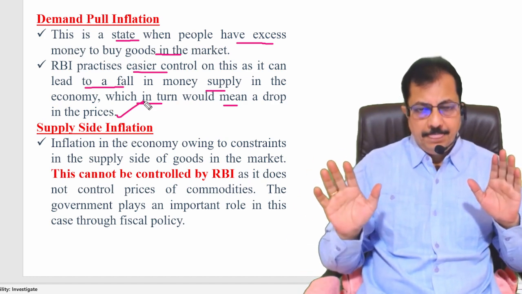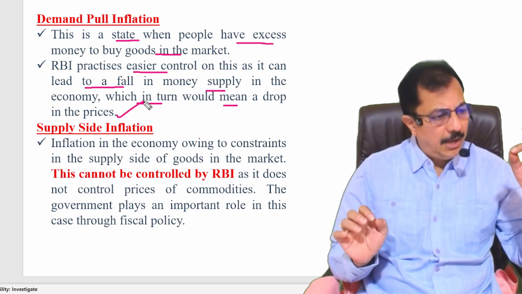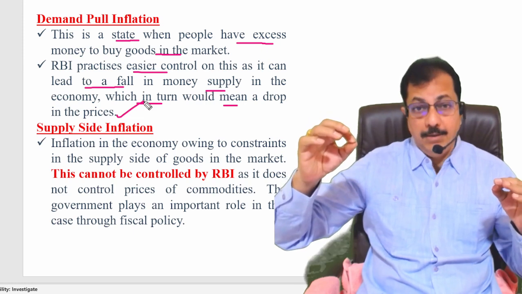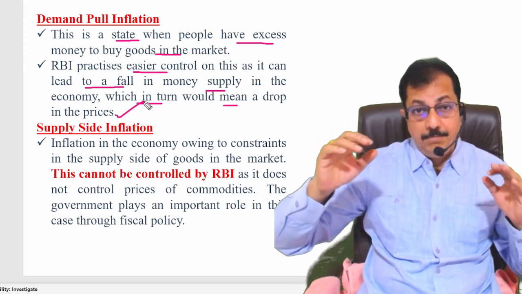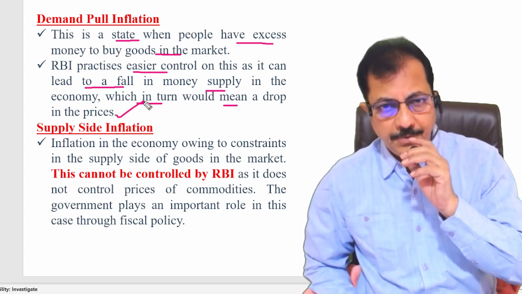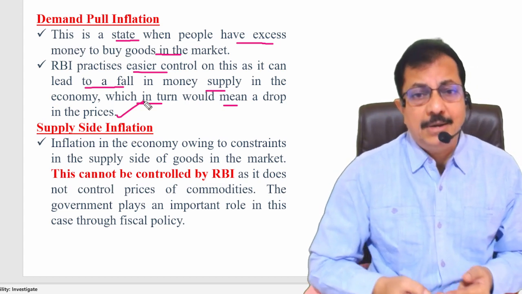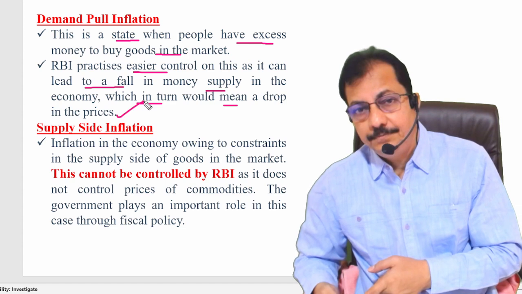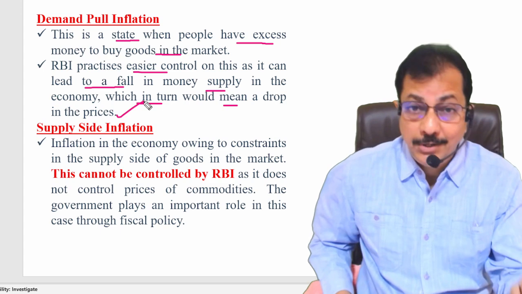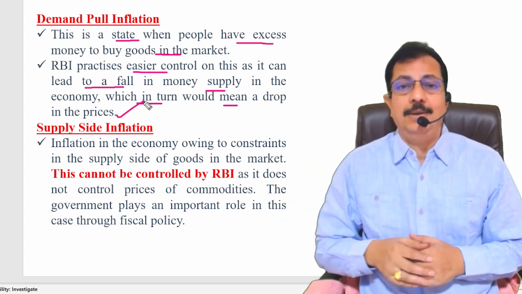Listen to me carefully. You know what is inflation. Inflation can be controlled by RBI. Inflation can also be controlled by governments. But the point is, my dear close friends, when RBI steps in, when government steps in, where RBI cannot step in, where government cannot step in.